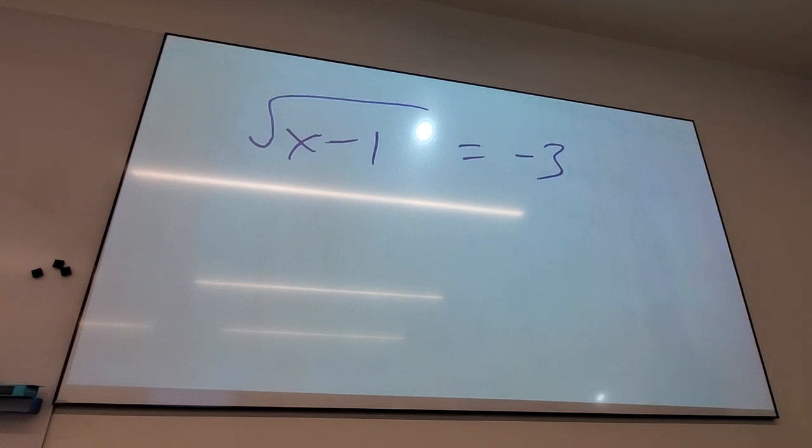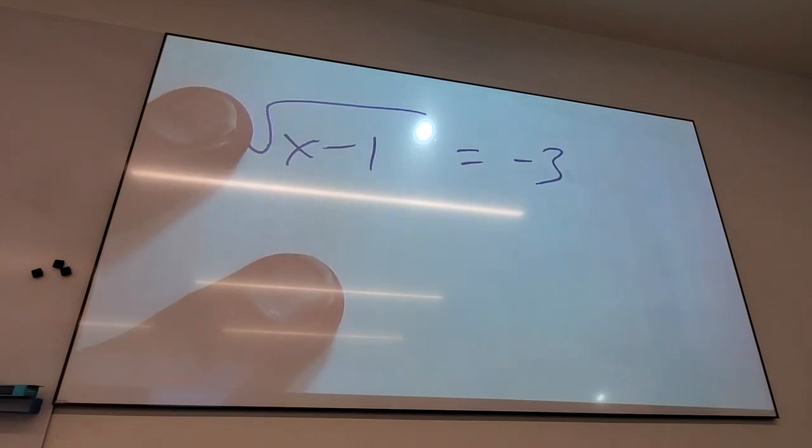Does anyone already know what the answer is? No solution. Because the square root is defined to have a positive output, right? The square root can't be negative. So I don't have any work to do. It's the same as this problem. I have no work to do because the way it's written is impossible.